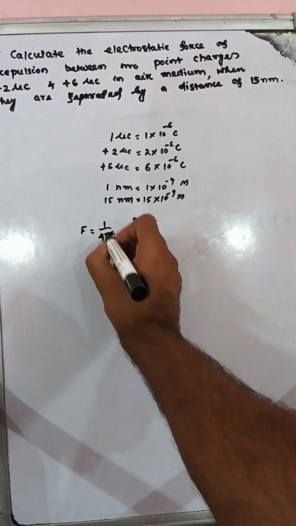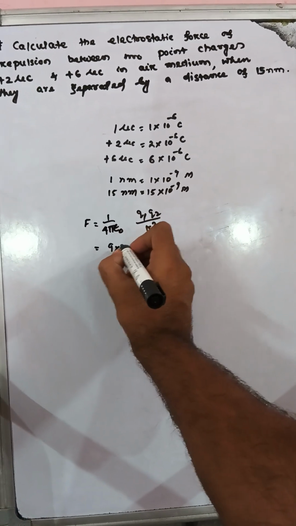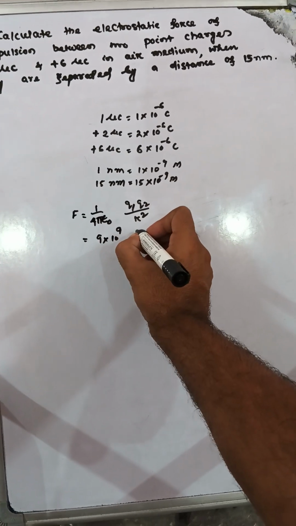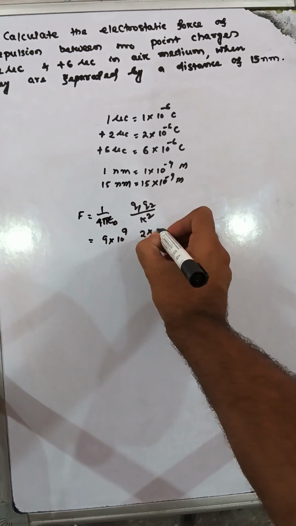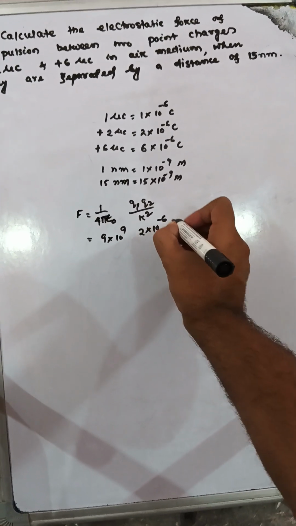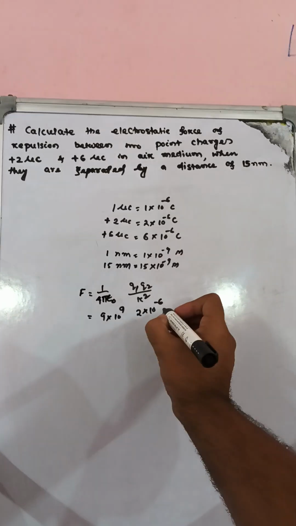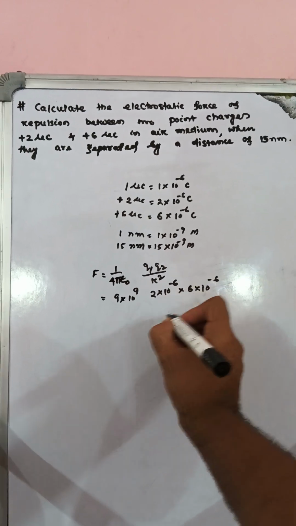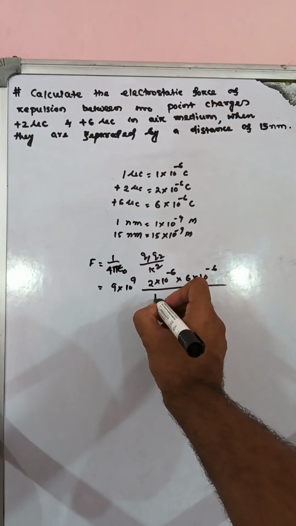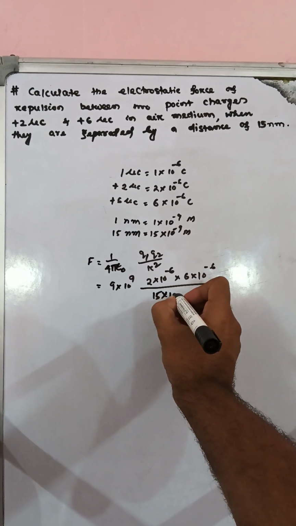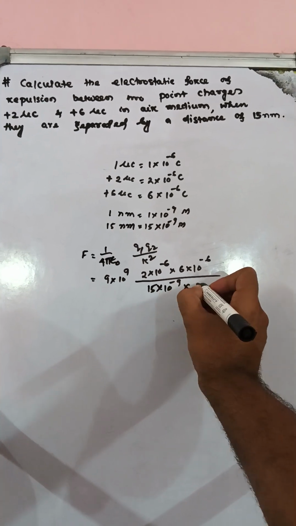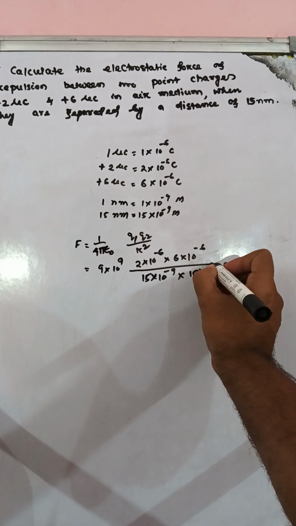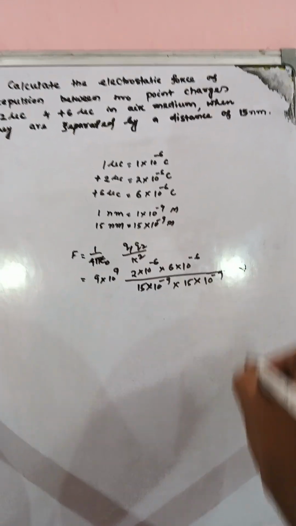We know this value, 9 into 10 to the power 9, into 2 into 10 to the power minus 6 coulomb, into 6 into 10 to the power minus 6 coulomb, divided by 15 into 10 to the power minus 9 into 15 into 10 to the power minus 9. This will be in Newton.